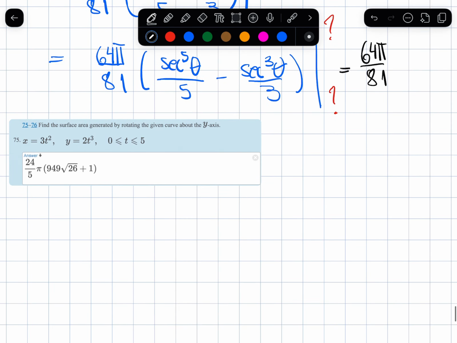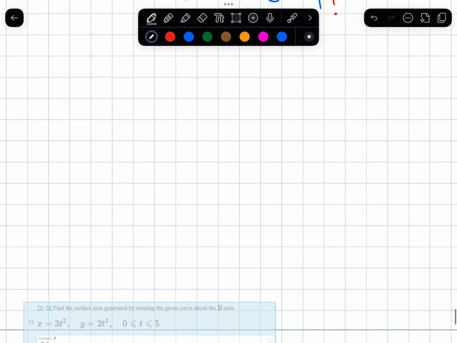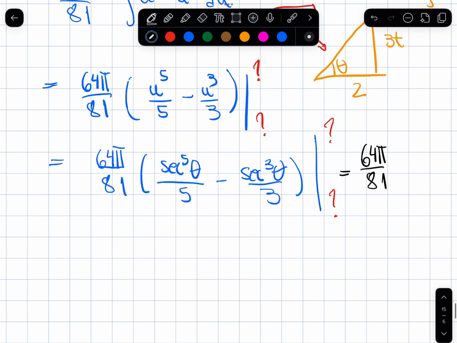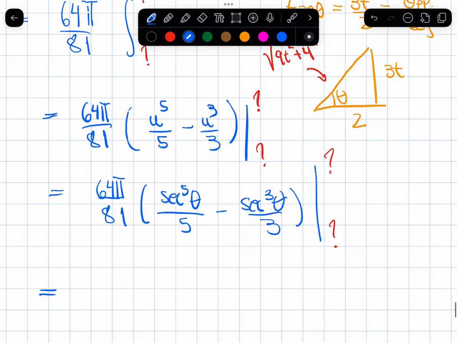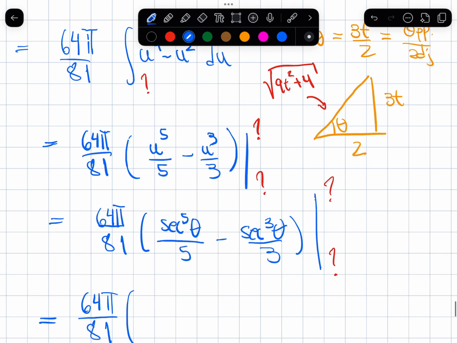Let me move this down one last time. And as you know, the secant is the reciprocal of the cosine. So instead of adjacent over hypotenuse, it's hypotenuse over adjacent.